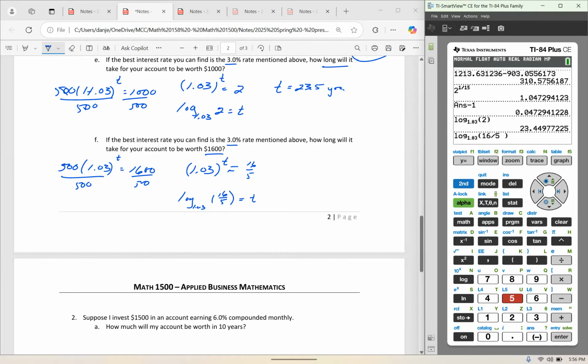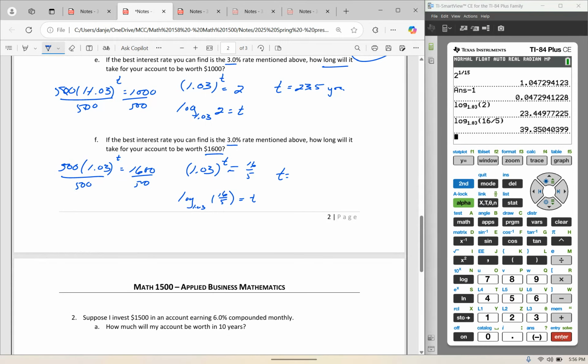If you want to leave it 1,600 over 500, you could, and notice that T now is equal to 39.35. I'm going to call it 39.4 years. It will take 39.4 years for my investment to become worth $1,600. Okay? One more example.